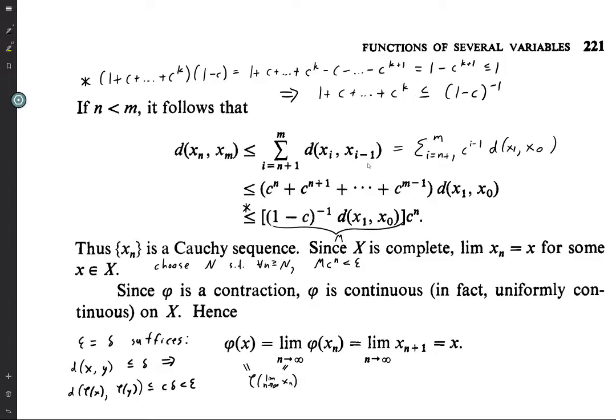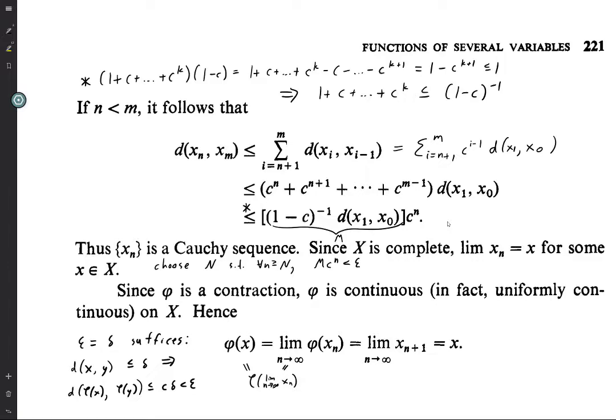And now for the next step in the inequality, there's sort of an algebraic trick here. First of all, we factor out the c to the n here, and we can see that that comes out at the very right-hand side at the end of this inequality. But then what we're left with is 1 plus c plus c squared plus and so on, all the way up to c to the m minus n minus 1.